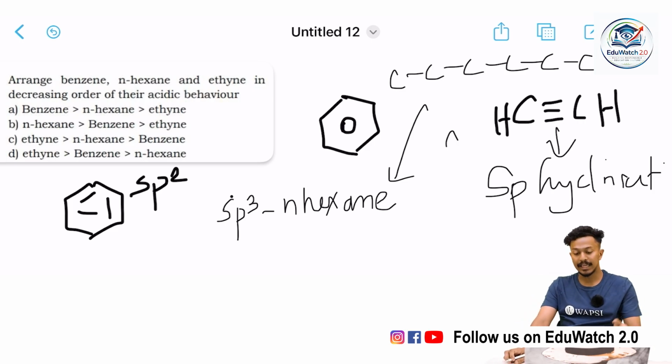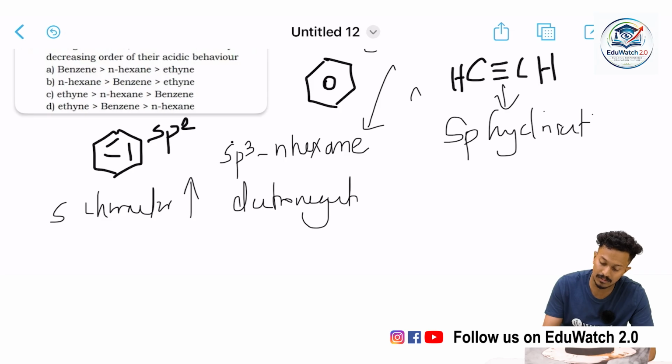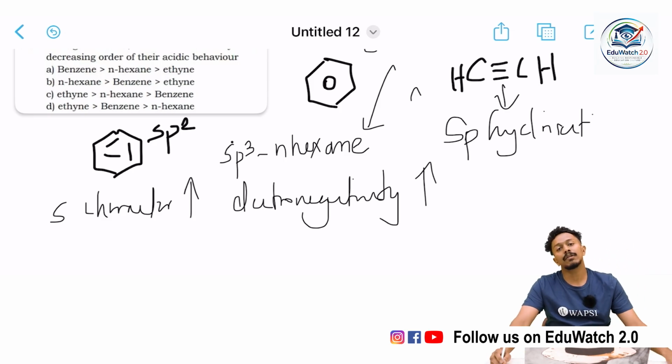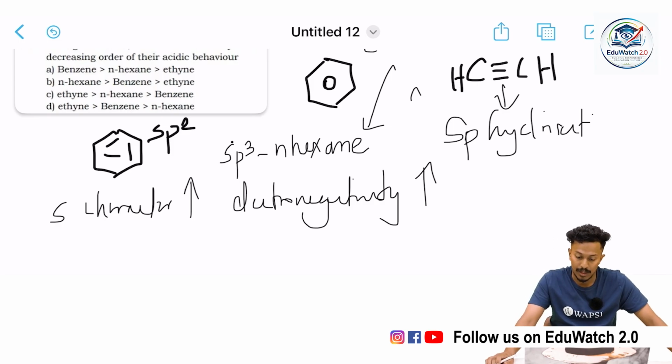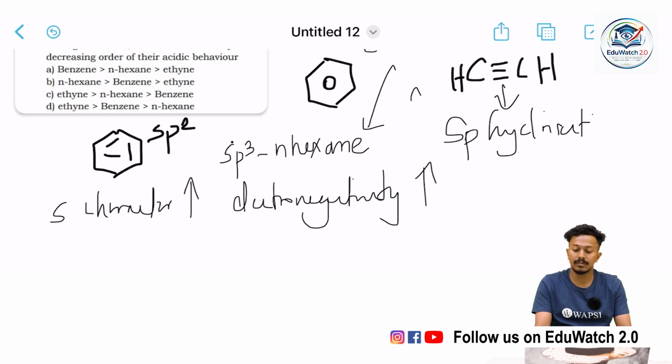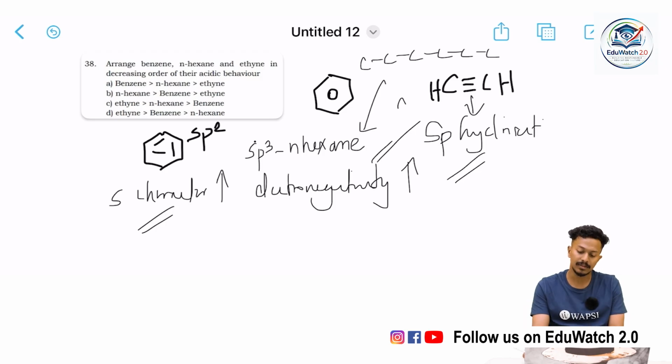When S character increases, electronegativity also increases. That's the fact that we have to check. Both the electronegativity and the S character are directly proportional. So the S character is higher in sp hybridization than in sp2 hybridization, and than in sp3 hybridization.